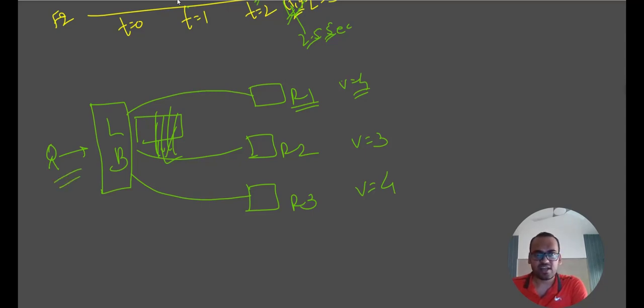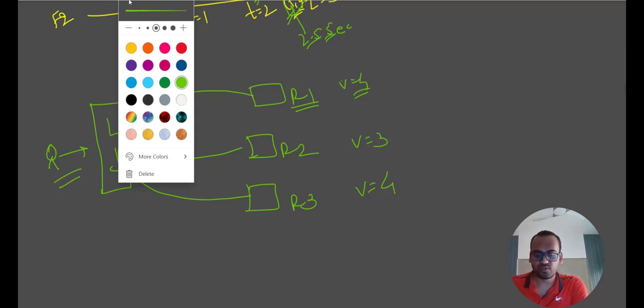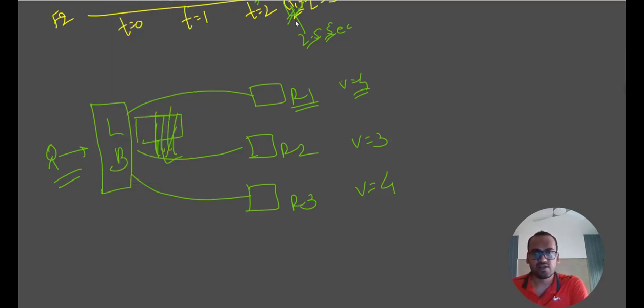When the client wants to read data back from the replicas, sometimes the request may fall to replica 1, which gives data with version 4, or sometimes the request may go to replica 2 and it gives data with version 3.